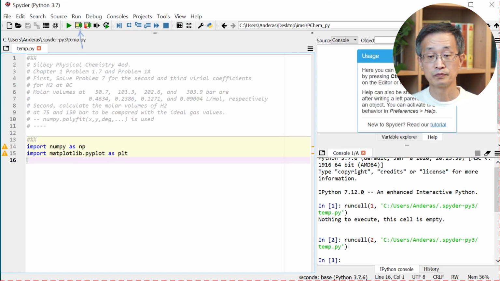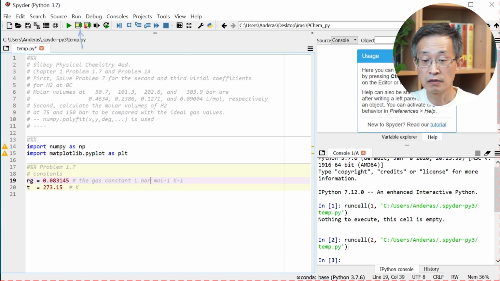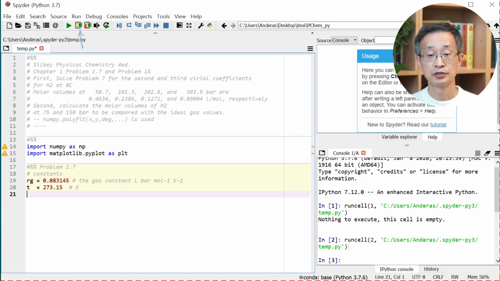So for problem 1.7, we are going to use the gas constant not in atm but in liter bar per mole K, which is 0.083145. And T is the temperature, 0 degrees Celsius, but we are going to use absolute temperature, which is 273.15, and then maybe some other values given in the problem.